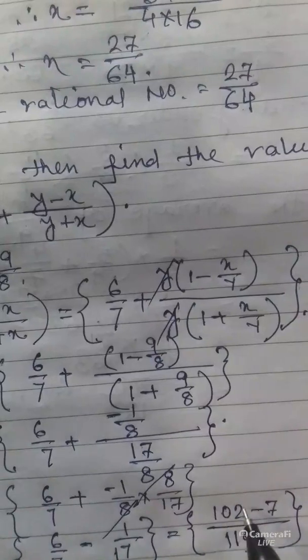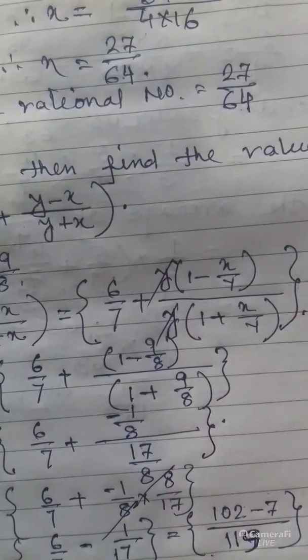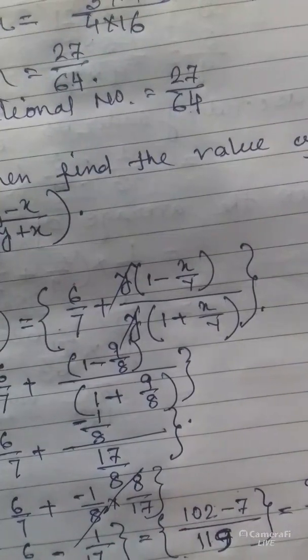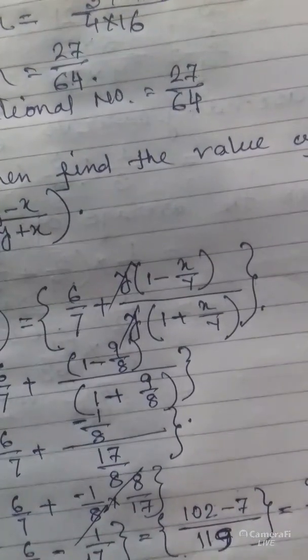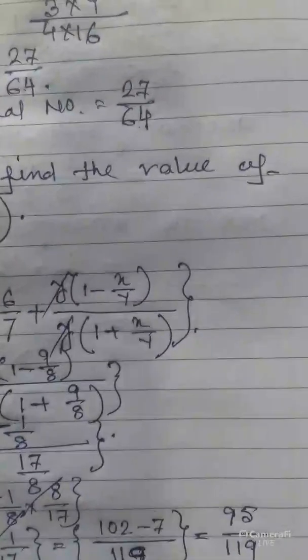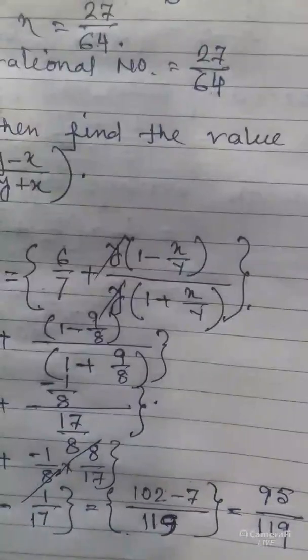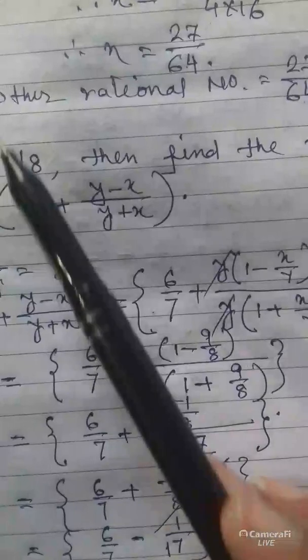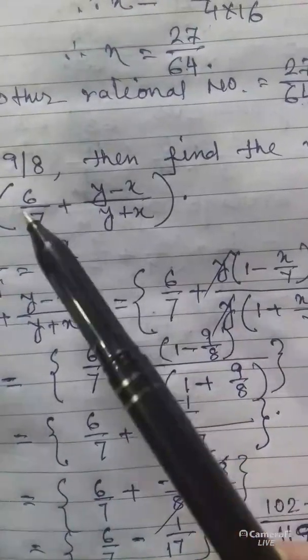Then 102 minus 7 by 119 means 95 by 119. So the value is 95 by 119.